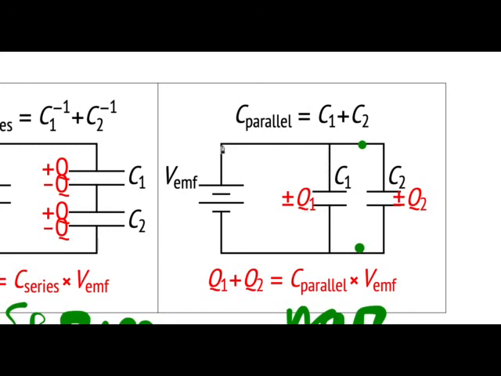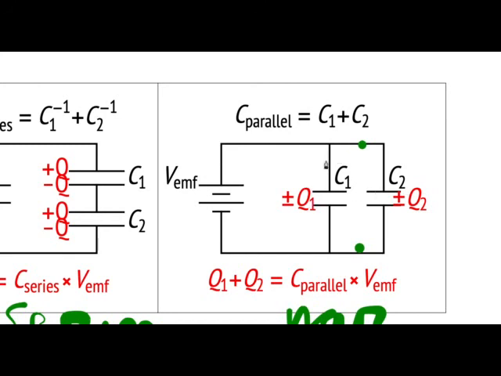What's equal is the two voltages, VEMF, the voltage difference across capacitance C1 and capacitance C2. So the total charge on the upper side is Q1 plus Q2. And the total charge on the lower side is minus Q1 minus Q2.